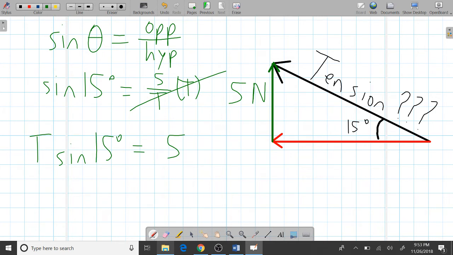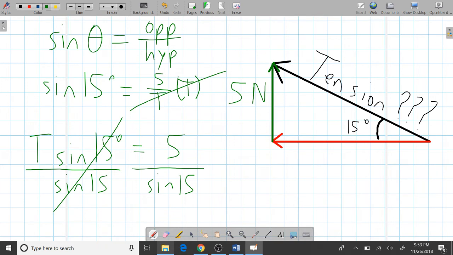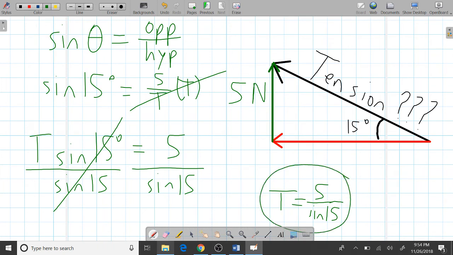To get T by itself, I need to do the opposite of multiplication, which is division, so I divide by sine of 15 degrees. Ultimately, the tension of the wire is equal to 5 divided by sine of 15 degrees. That's how you find T.